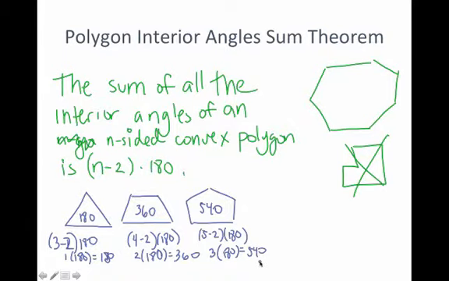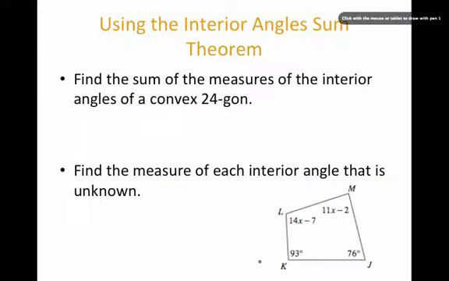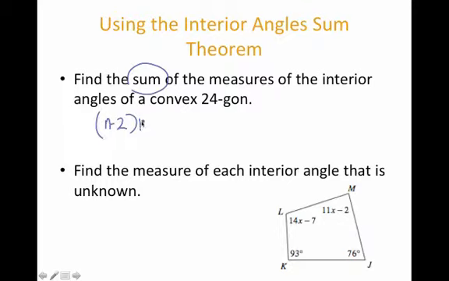So let's use this theorem to solve some problems. The first thing I want to do is find the sum of the measures of the interior angles of a convex 24-gon. I'm just asking for the sum of all of the angles in that convex 24-gon. So I use this formula, n minus 2 times 180, and plug in 24 for n.